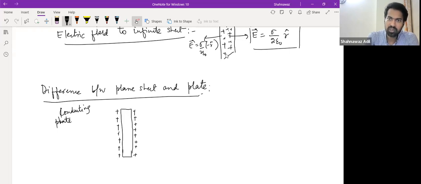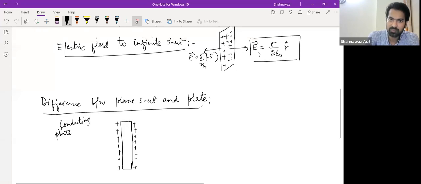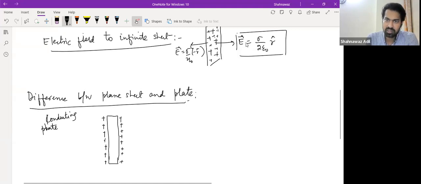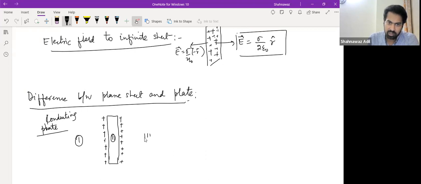For the case of this infinite sheet, this is the electric field, guys. But for the case of this conducting plate, you will have three regions. This is the first region, this is the second region, this is the third region. Let's say this is one charge distribution, this is the second. For this one charge, the electric field at this point would be where?